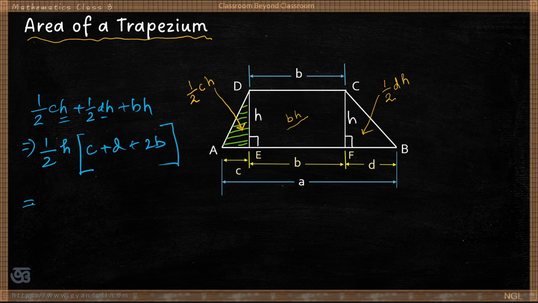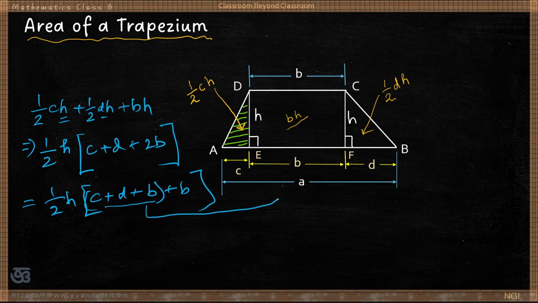Now we can rearrange this like this: half of h multiplied by c plus d plus this twice b, you can write b plus b. So this is equal to c plus d plus b, this is equal to c plus b plus d, and that is equal to a.